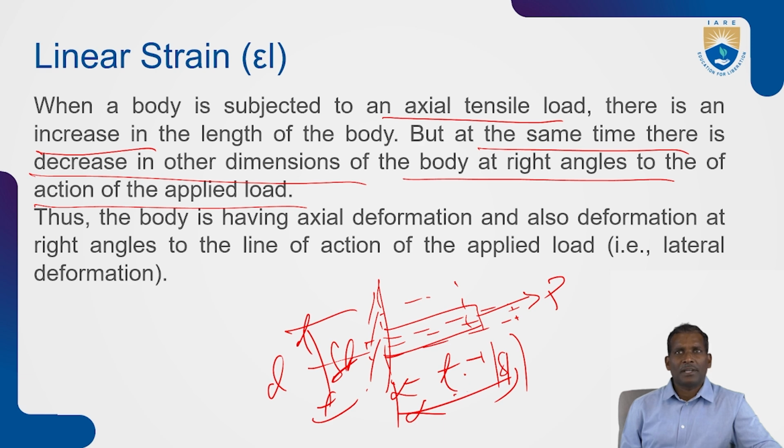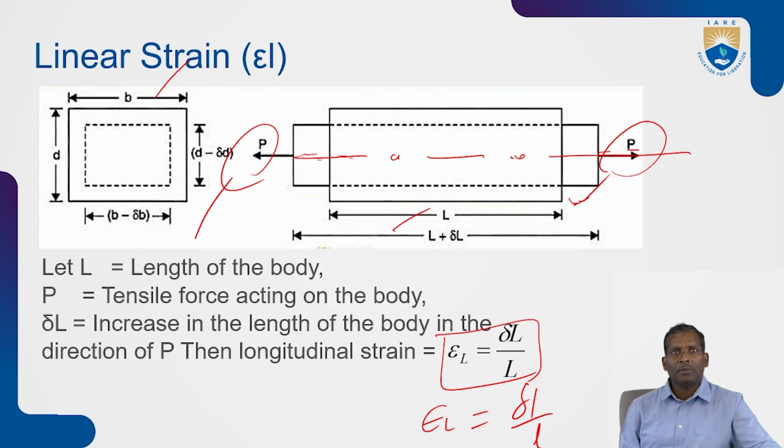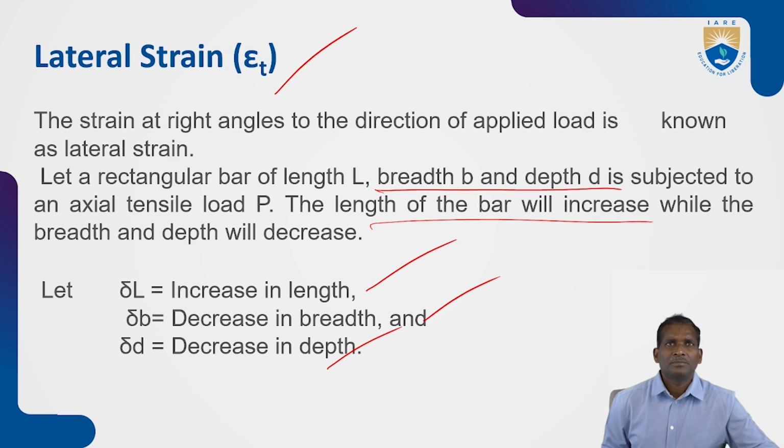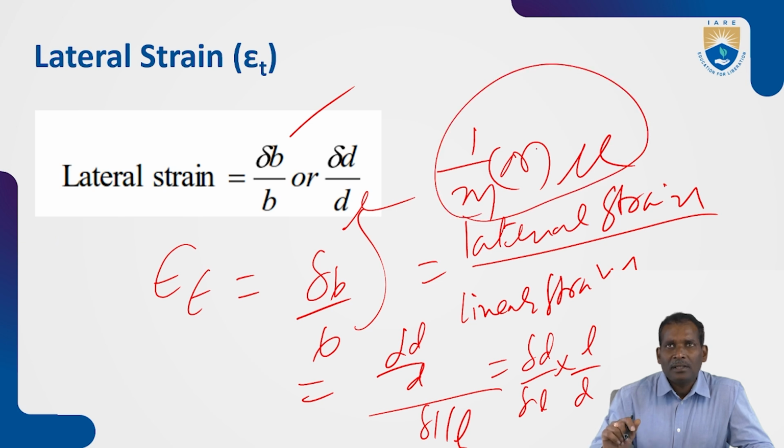The definition of the linear strain and then lateral strain, how to write these two equations we have seen: delta L, epsilon L and epsilon D. Lateral strain we have seen through the example of a rectangular bar of length L: the lateral strain delta B by B or delta D by D. And also we have studied Poisson's ratio.